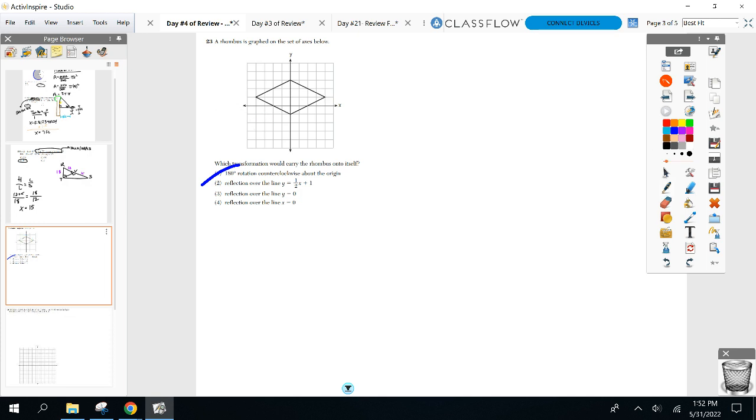I don't know. Let's see. That's going to be here. Up 1 over 2, down 1 over 2. What do we think there? Would that carry it onto itself?